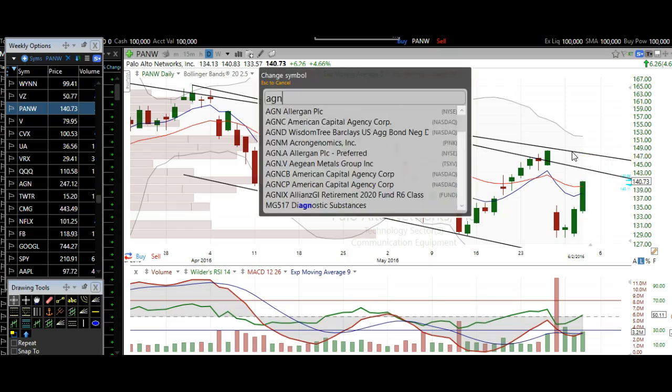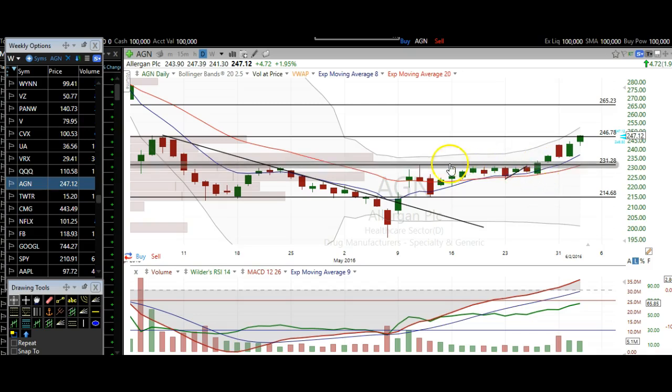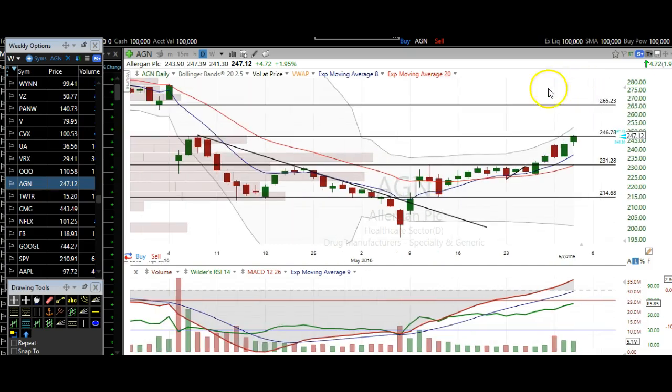Another one that I want to look at is AGN. This was a great long signal for our members that we called out on a break of this resistance right here on this candle, and it met our target just below 247 today, and that's going to be resistance.